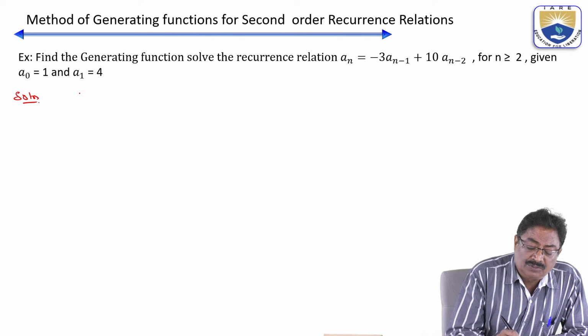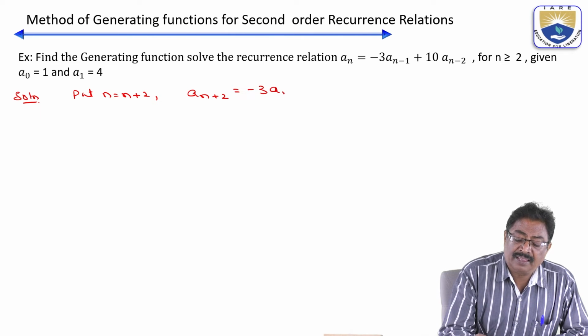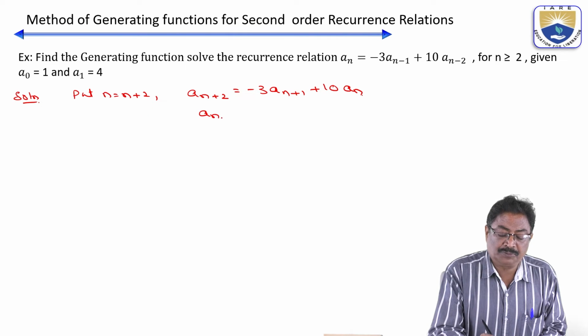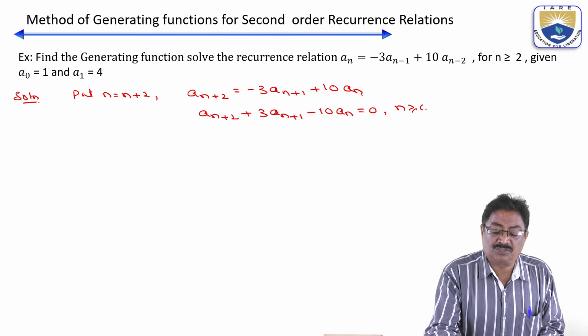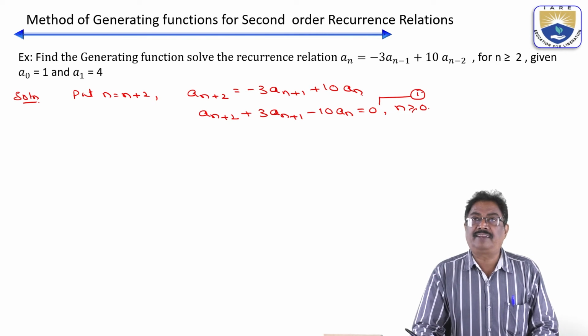Put n equals n plus 2, then a n plus 2 is equal to minus 3 a n plus 1 plus 10 a n. Now this is a n plus 2 plus 3 a n plus 1 minus 10 a n equals 0, for n greater than or equal to 0. So here this is the given recurrence relation.